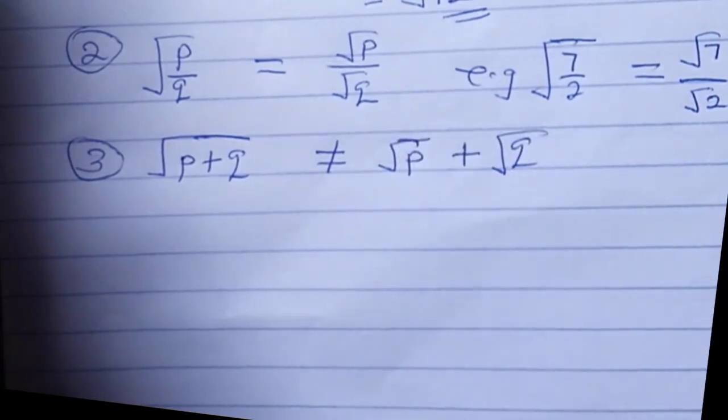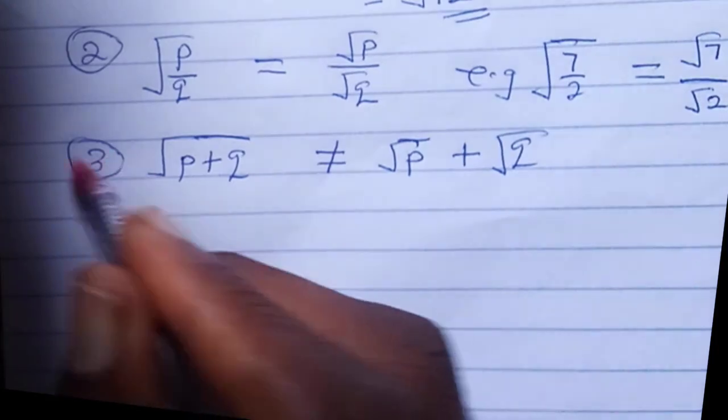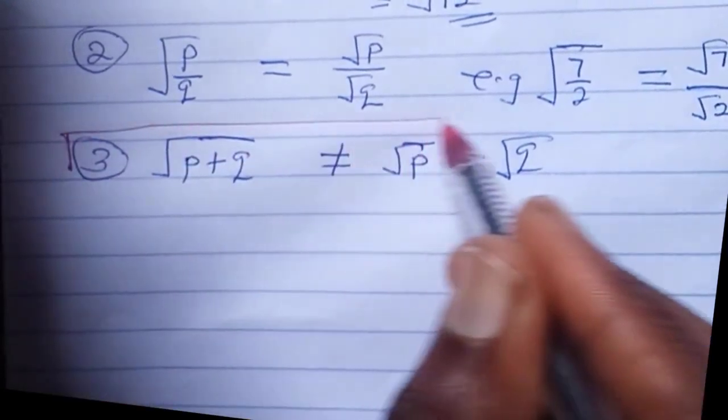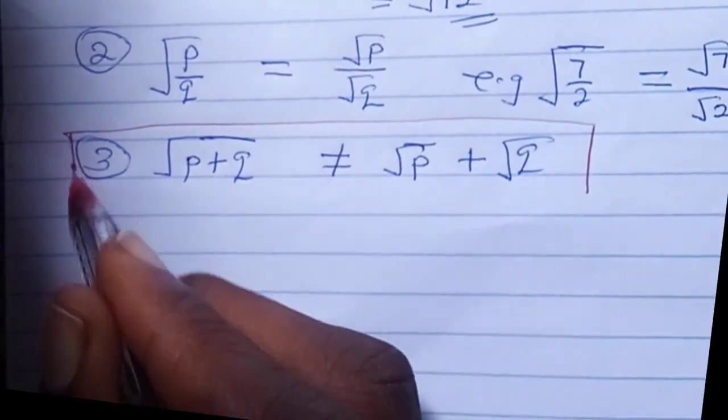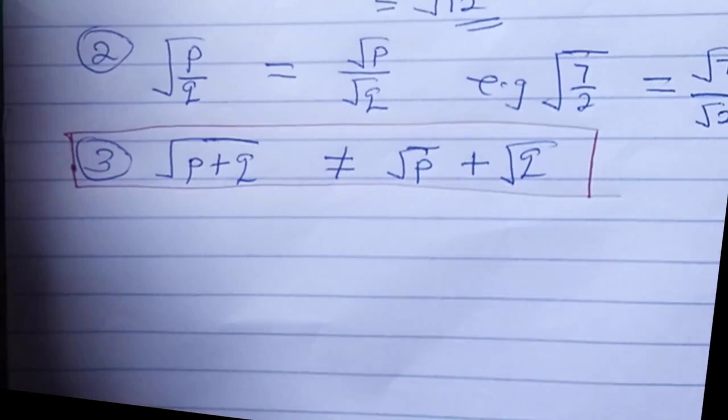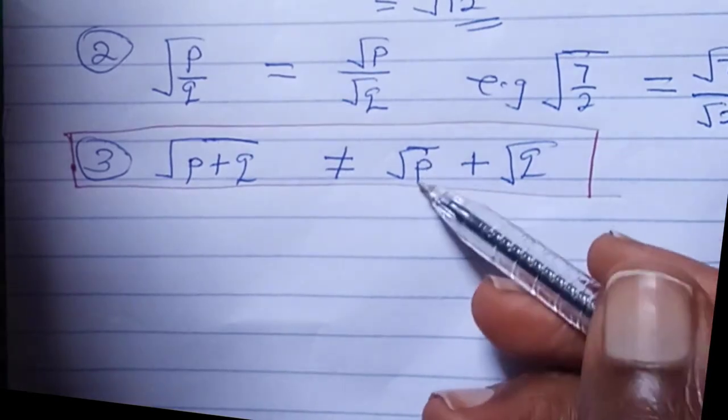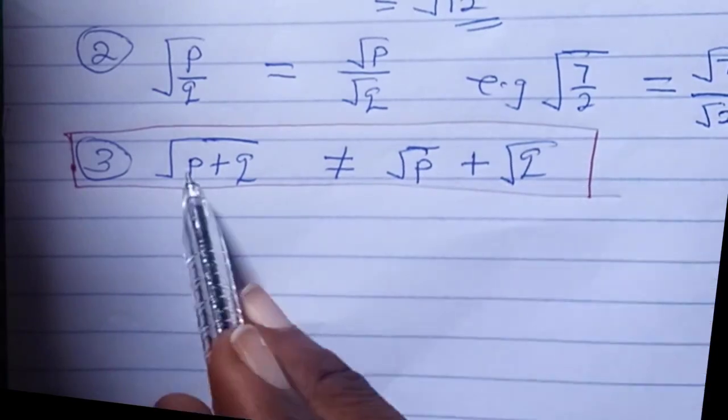This rule is very, very important because a lot of students make mistakes in WAEC questions. You see many students adding up root of a number plus root of another number to be this.